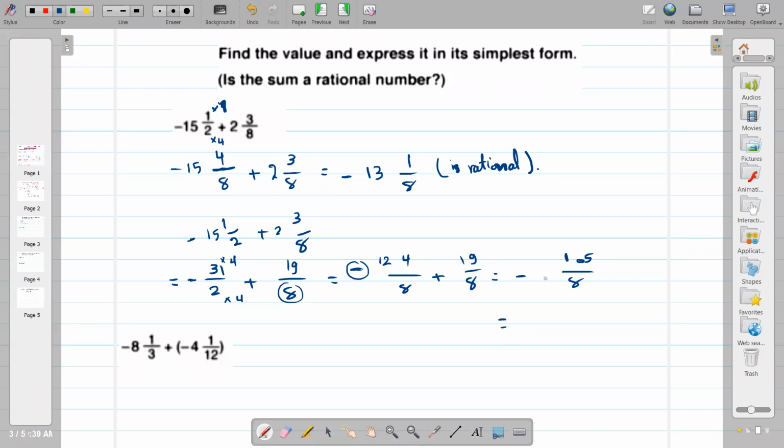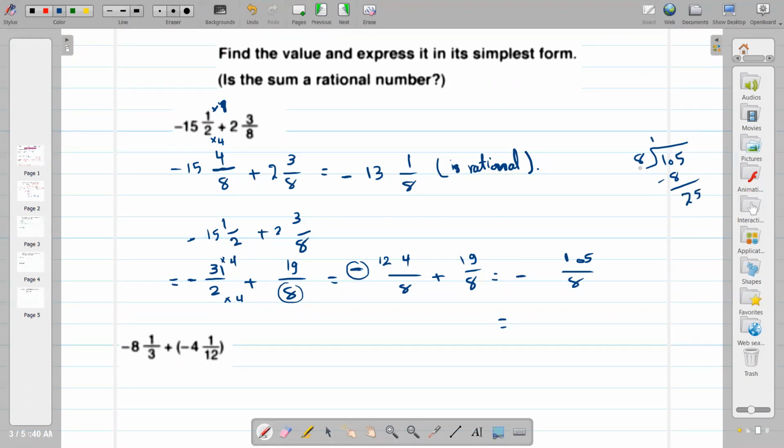If you want to divide it using long division, no problem, like this. 105 divided by 8 is 1, equals 8, subtract, 10 minus 8 is 2, bring down 5, 25.